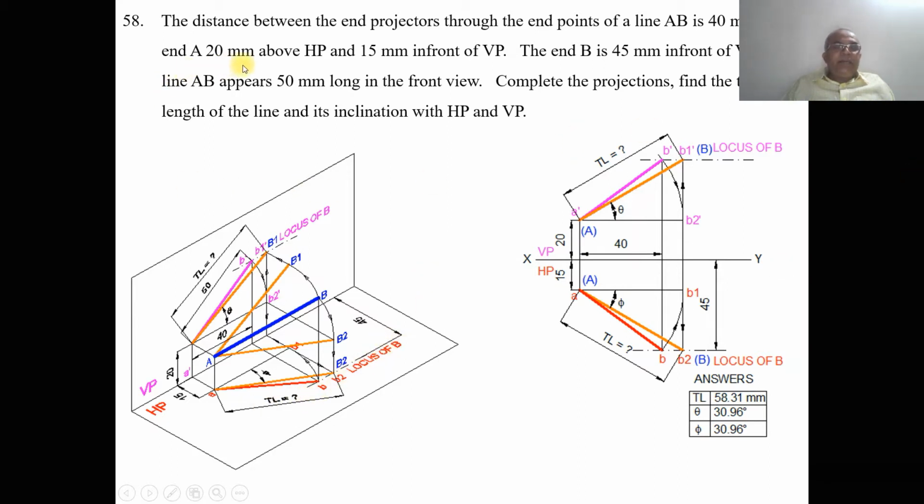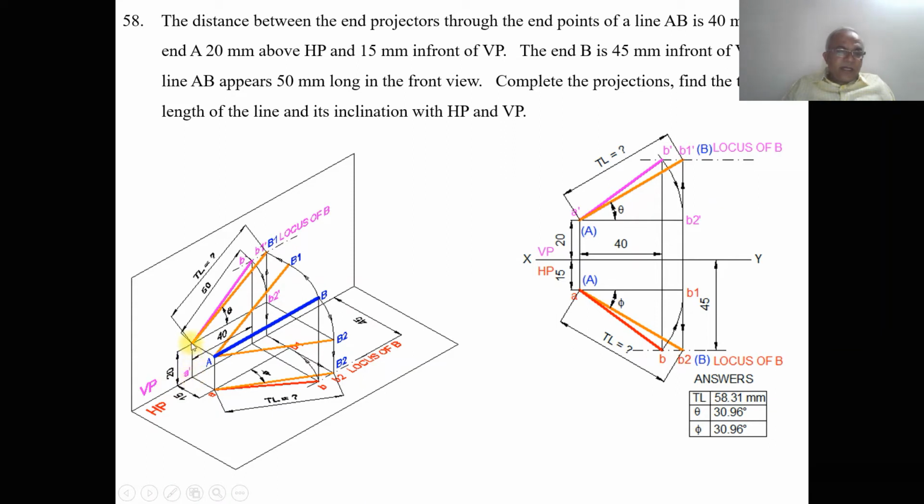And the line AB appears 50 mm long in the front view. And also he says the distance between the end projectors through the endpoints of the line AB is 40 mm. So you have an end projector of A here.